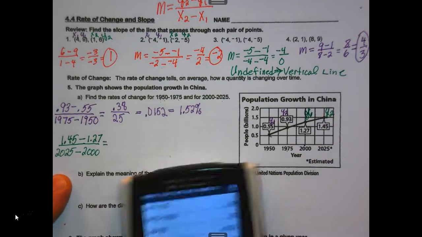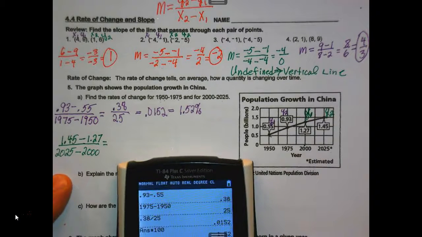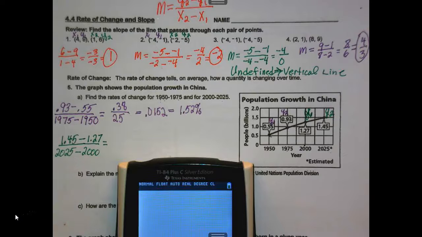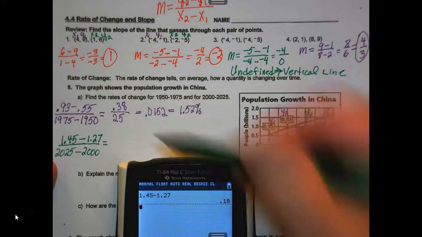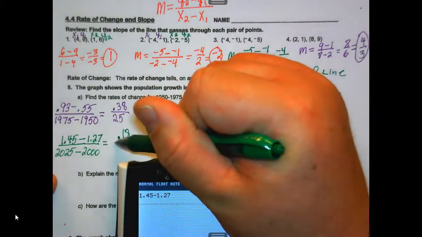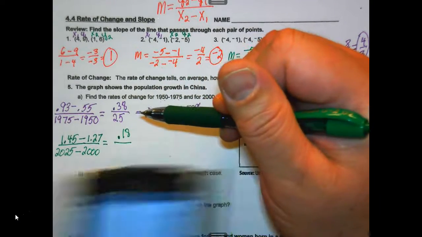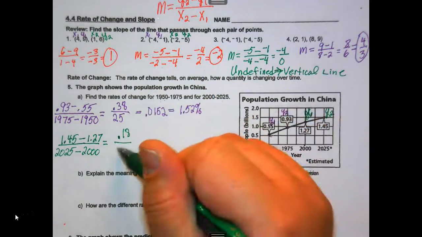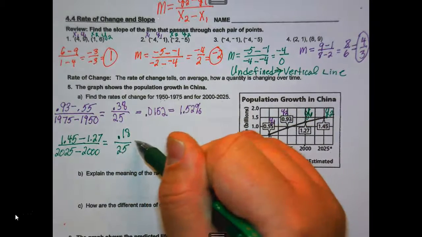Okay, so let's use our calculators so we don't make mistakes. 1.45 minus 1.27, 0.18, and 2025 minus 2000. Again, we're going to have our 25 years.